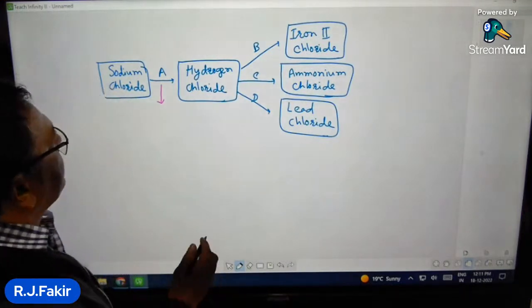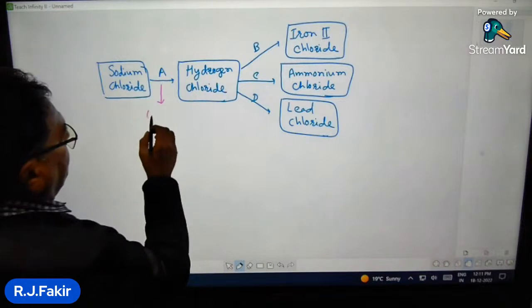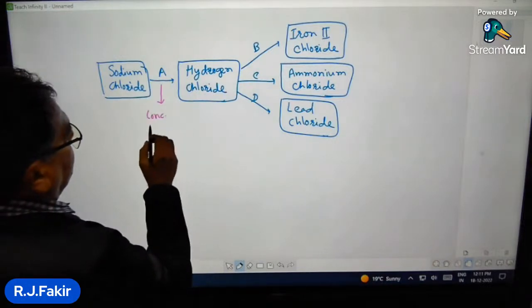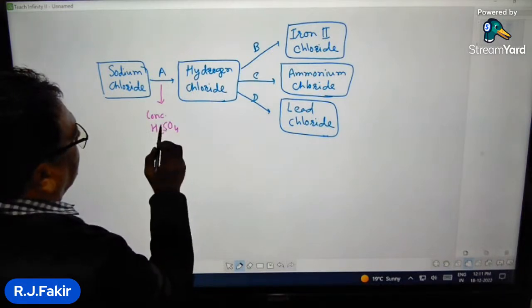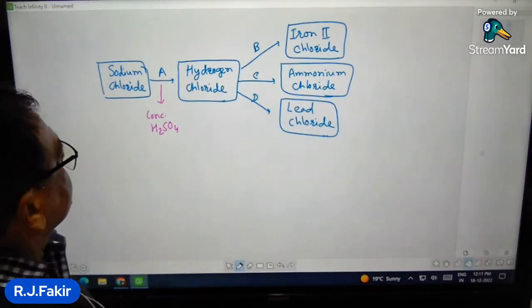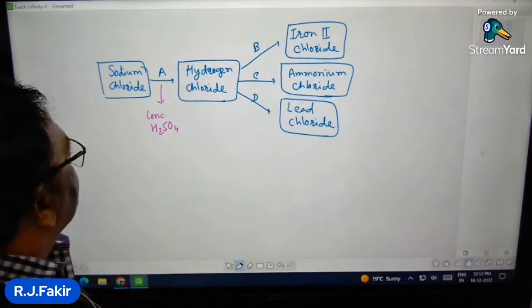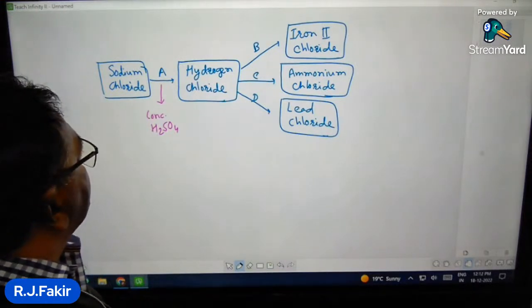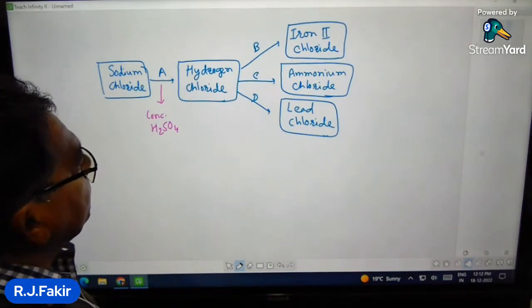So how can we recognize this? There should be some acid, so it's concentrated sulfuric acid. That will result in the formation of hydrogen chloride, or HCl.